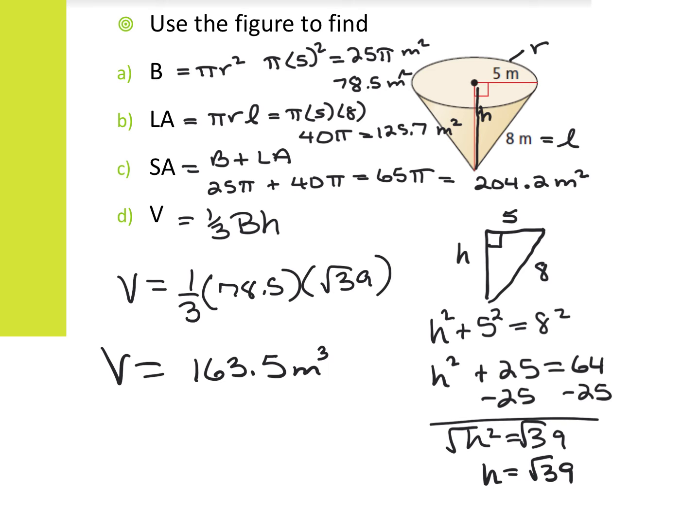Pretty good there. Now, if you'd rather put it in as 1/3, 25 pi, and then times root 39, you can do that as well. But just remember, it's the area of the base times the height, and then times by 1/3 or divide by 3.